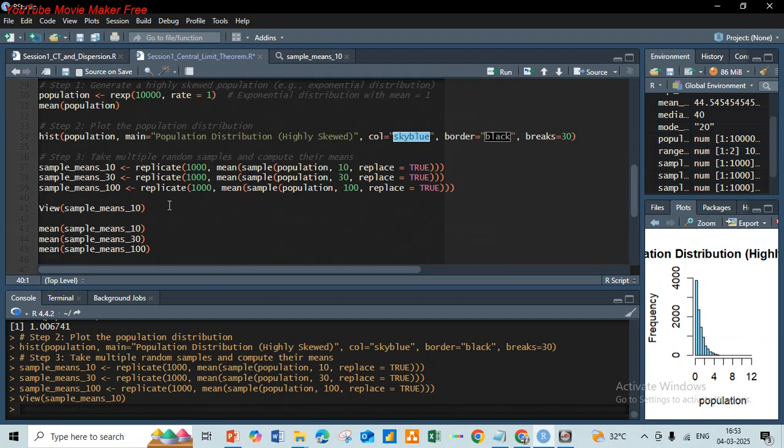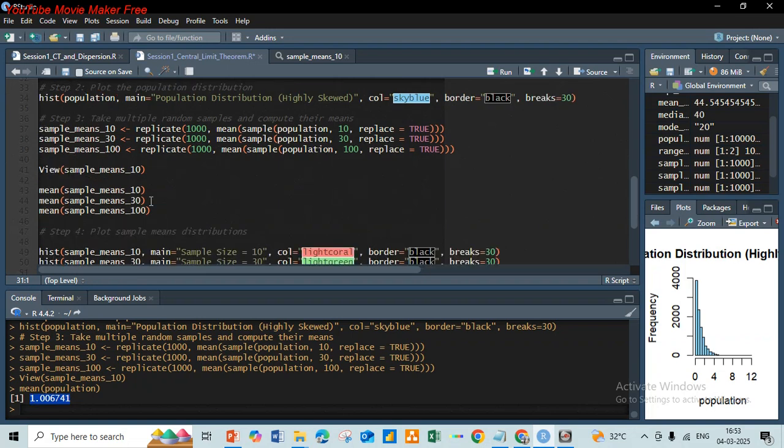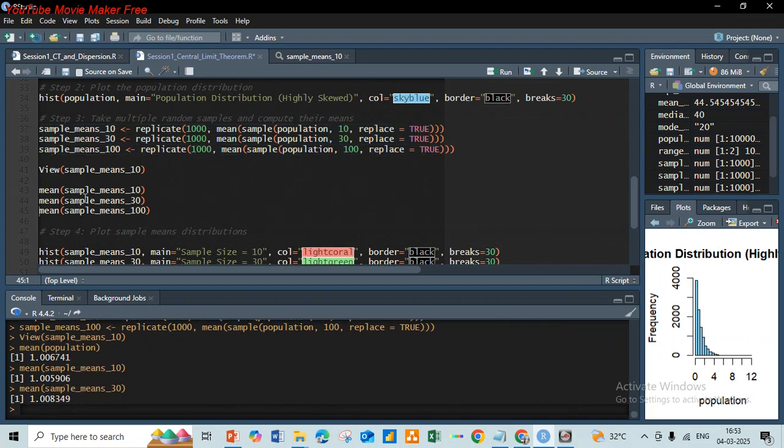Now, when we created the population, we can just look at the mean of the population, right? Using the concepts that we studied in session 1. So the mean of the population is coming out to be 1.006, right? Now we can also similarly take the means of each of the scenarios that we have computed above. So sample size of size 10, 30, and 100, right?